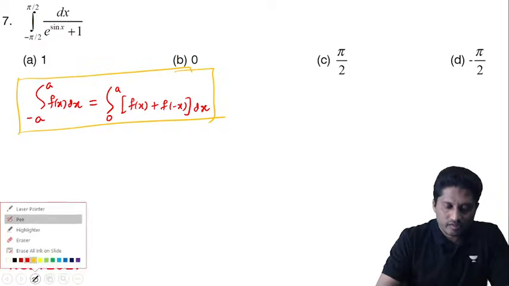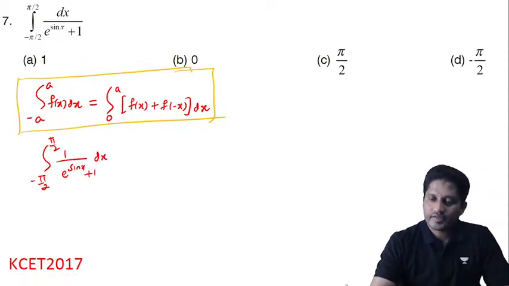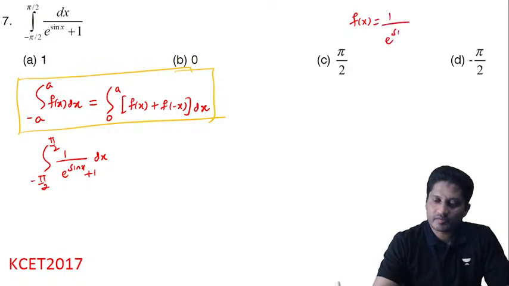Now if I use this logic, minus pi by 2 to plus pi by 2, 1 divided by e power sin x plus 1, dx. Right, now f(x) is equal to 1 divided by e power sin x plus 1.